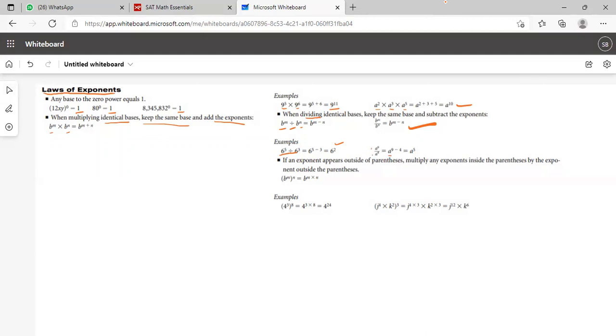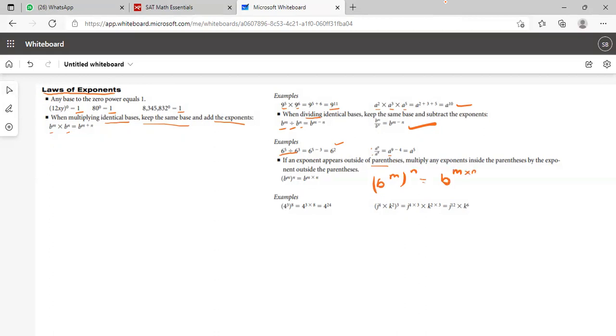If an exponent appears outside of the parenthesis, multiply any exponents inside the parenthesis by the exponent outside the parenthesis. So we had this as one of the options. So when we have b to the m, all to the n, the answer would be b to the m cross n.